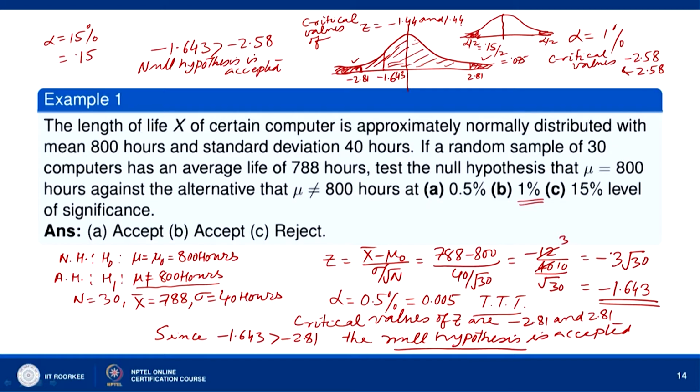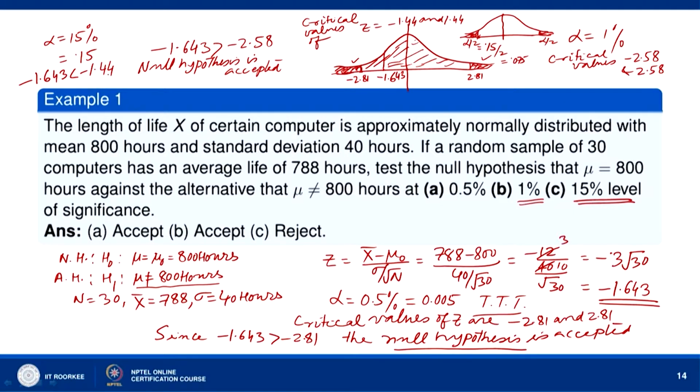Okay. So, in the C part, the critical values of Z are minus 1.44 and plus 1.44, and we notice that minus 1.643 is less than minus 1.44.